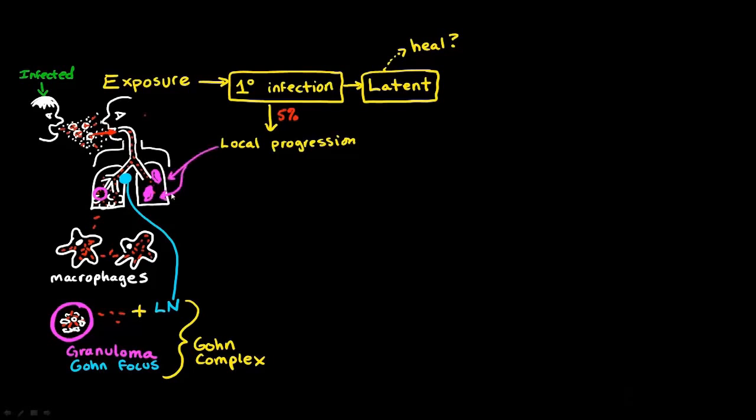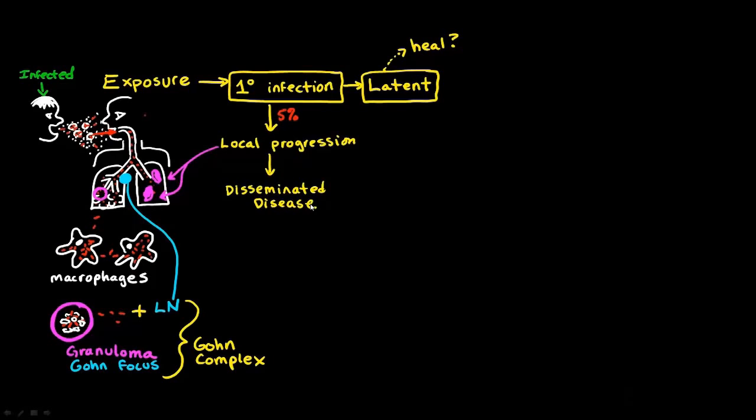The infection may disseminate widely, go to many organs in the body, most especially the liver, other parts of the lung, or even into the brain and other organs. So that's about 5% of the patients that go on to have local progression or dissemination.